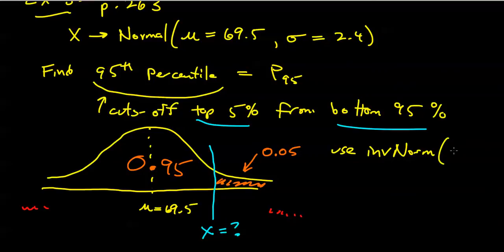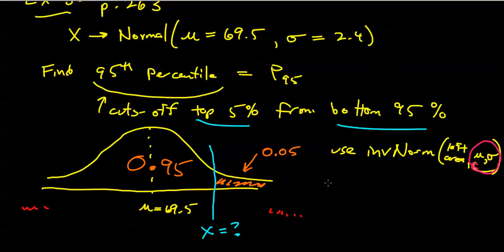Remember, the syntax for your inverse normal command requires that you input your left area. And of course, much like with the normal CDF command, if you're in the non-standard case, you must enter in your non-standard values for mean and standard deviation. If you leave these two out, the calculator assumes you're in a standard normal distribution.